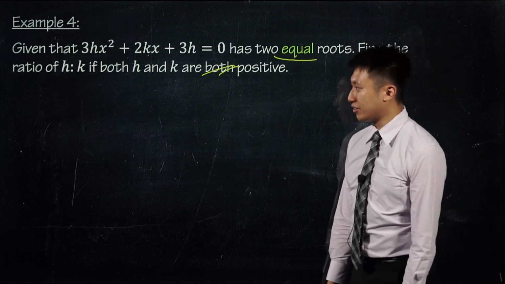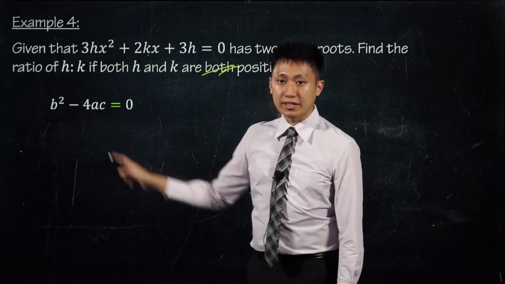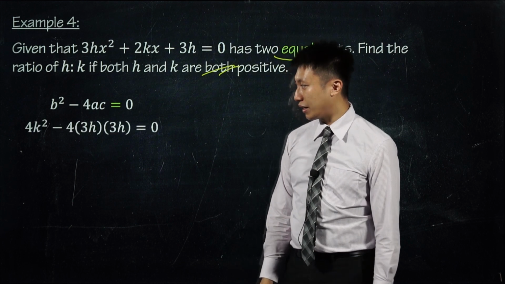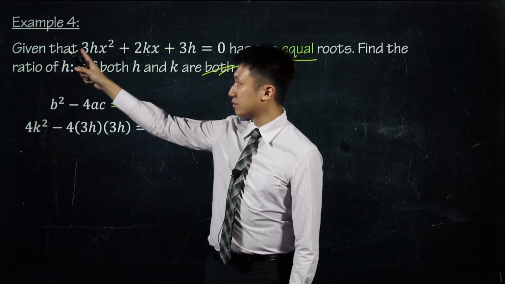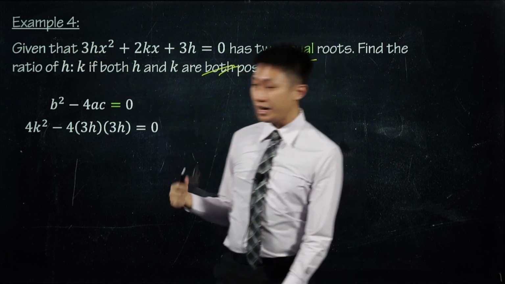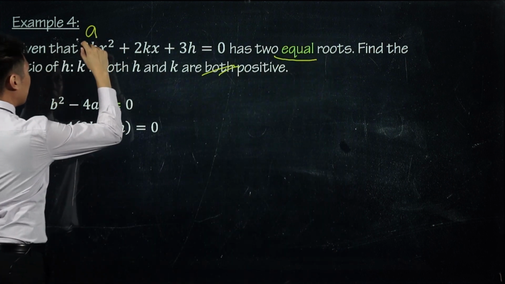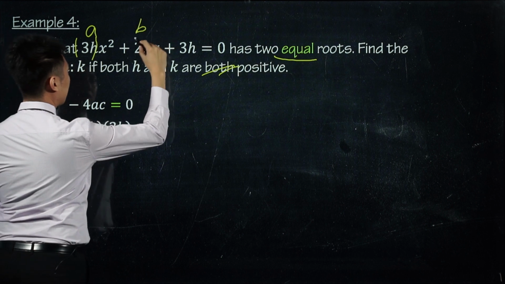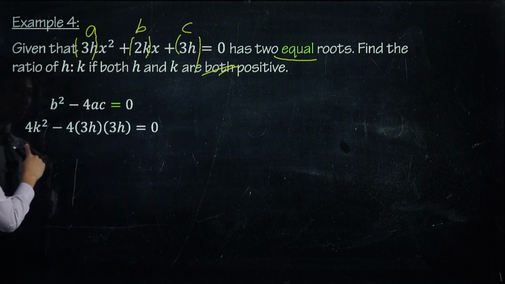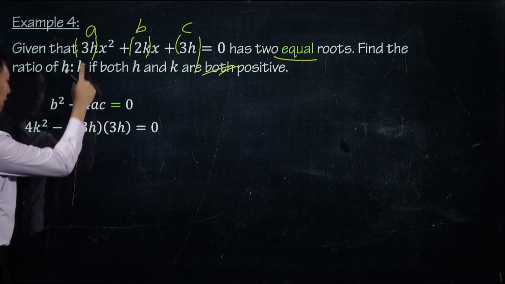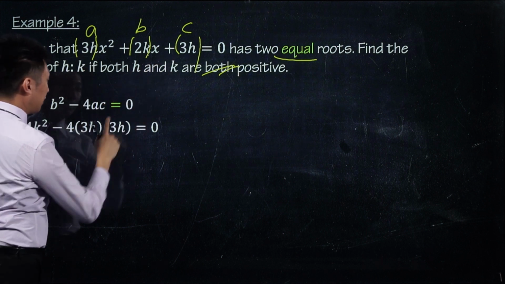Okay, let's come back to this. b squared minus 4ac equals 0 means what? 4k squared minus 4 times this one. I just write down what's a. a is this, b is this, c is this. So b squared is 4k squared, no problem, minus 4 times a, 3h, c, 3h.